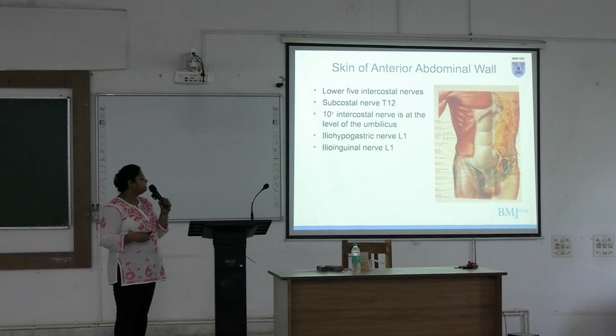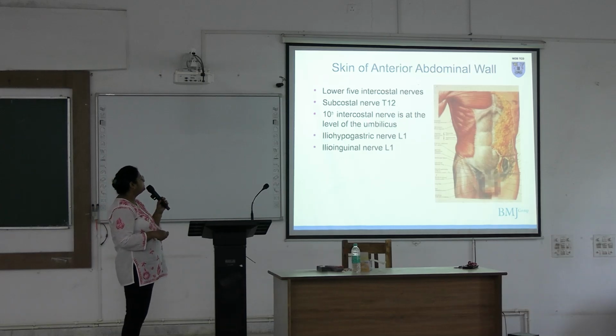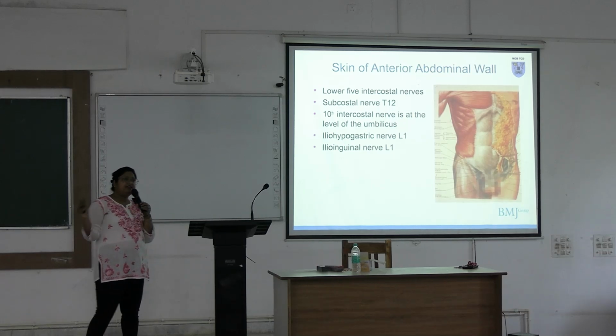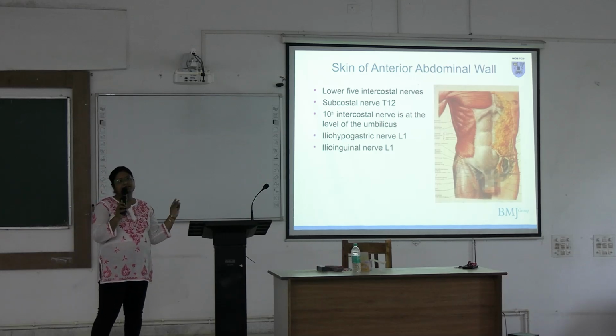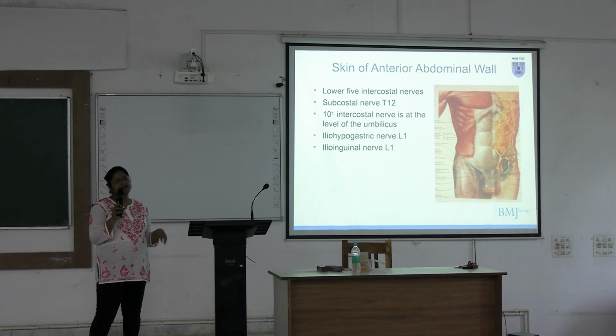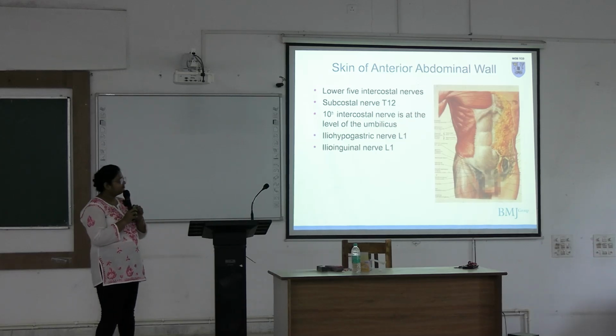So the 10th intercostal nerve is supplying the umbilicus. That's why the visceral supply of the appendix comes from T10. That's why in appendicular infection or appendicitis, pain is referred to near the umbilicus, because of the same level of supply.